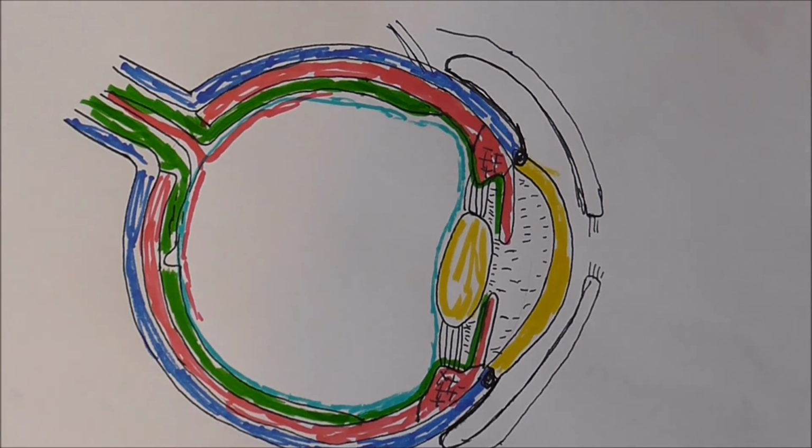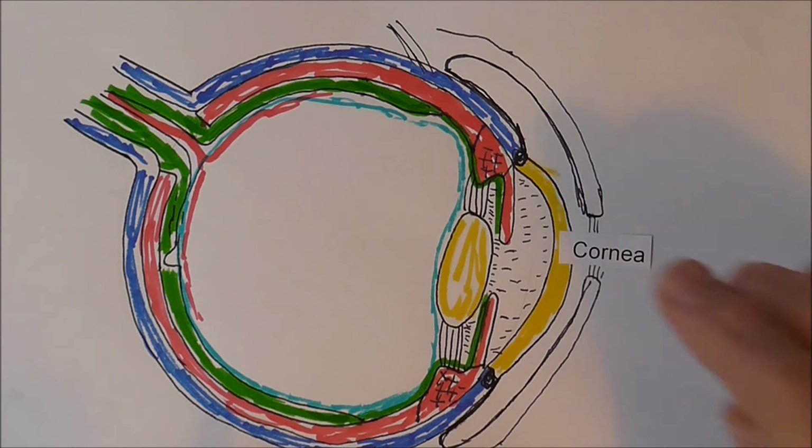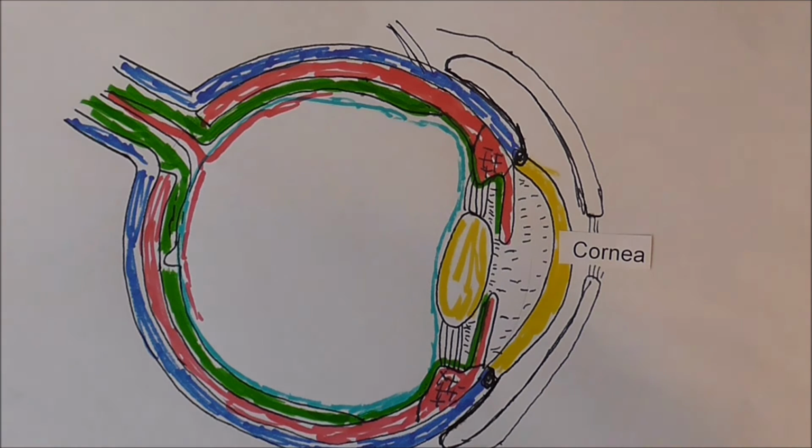And as we've said, it's also an attachment for the extrinsic eye muscles. The sclera itself is covered by a fascial sheath of the eyeball. Now the cornea is simply a continuation of this layer, but of course it's transparent, covering the front sixth of the eyeball.